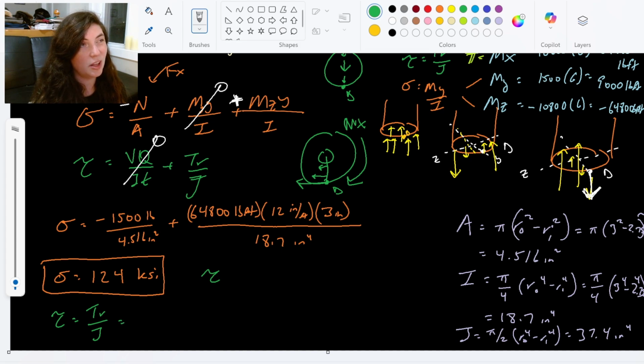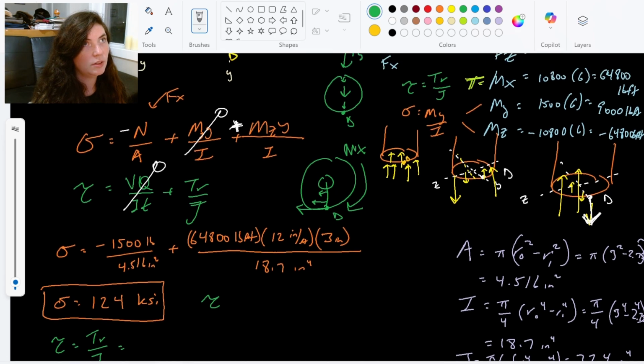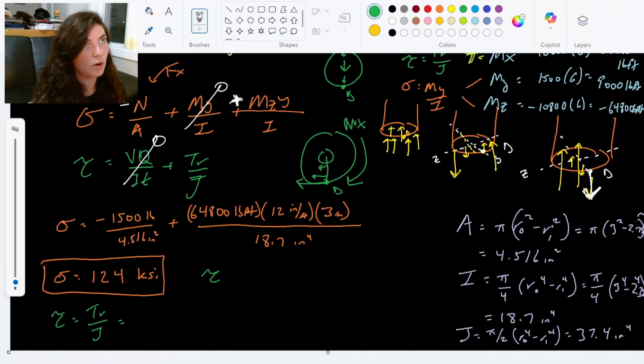So that's our only component of this equation. So we can just plug everything in now. I did find polar moment of inertia. I'm happy we needed it. So our torque is just going to be that moment value, 64,800 pound-feet. Convert that into inches, times the radius, right?